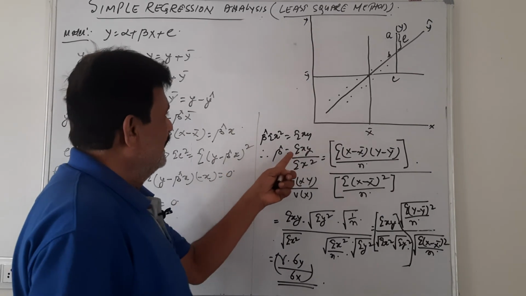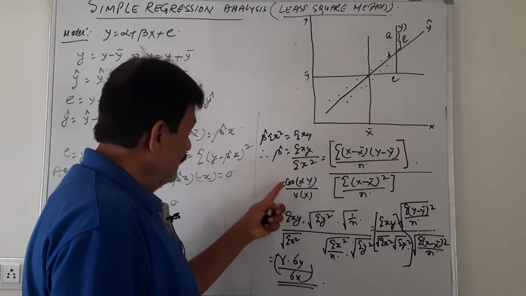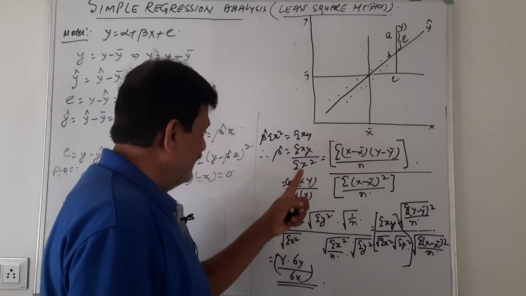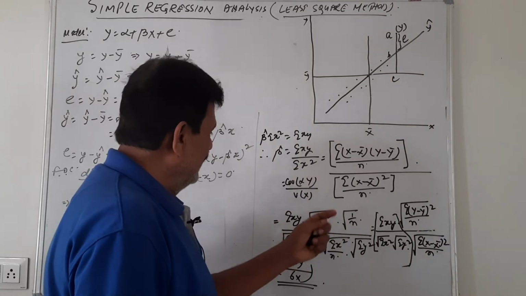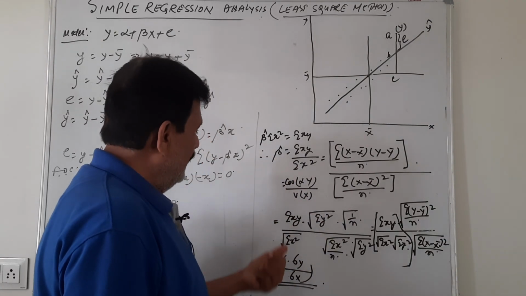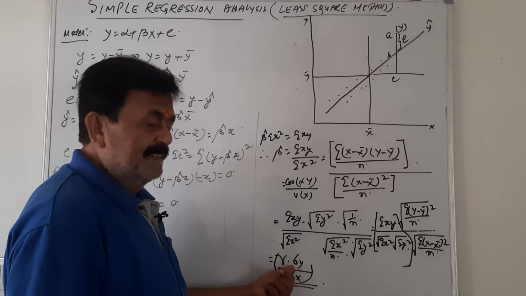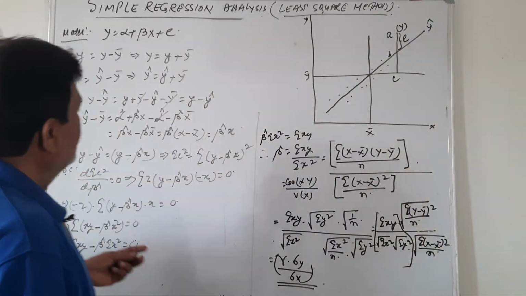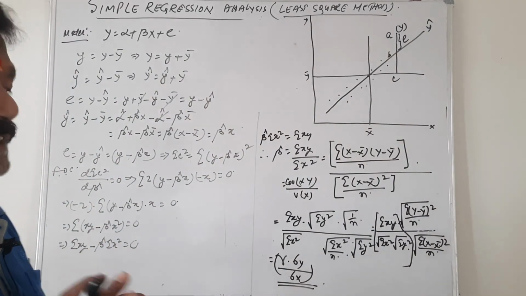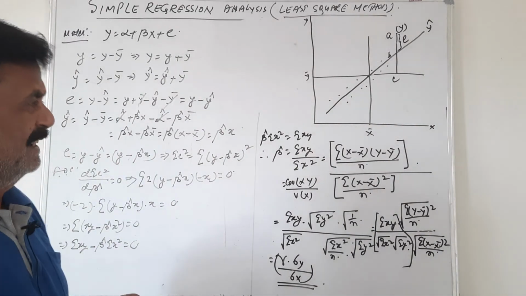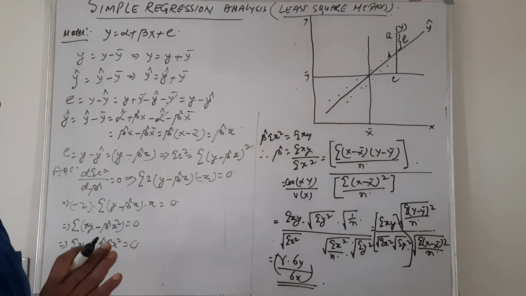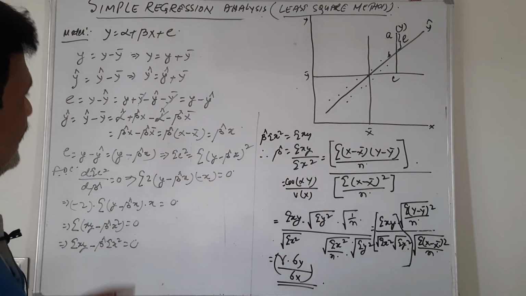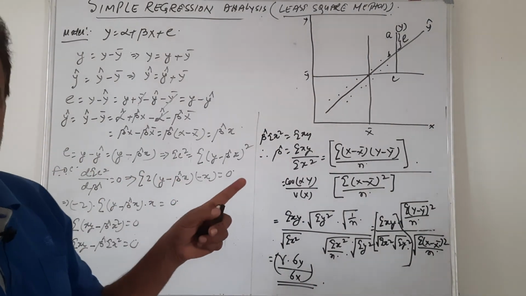This is summation xy by summation x square, or covariance xy by variance of x, and by slight rearrangement we can express beta cap as r into standard deviation of y by standard deviation of x. So these are the two formulations of the least square method, one in the non-deviation form, another in the deviation form, and this is how we explain the least square method.